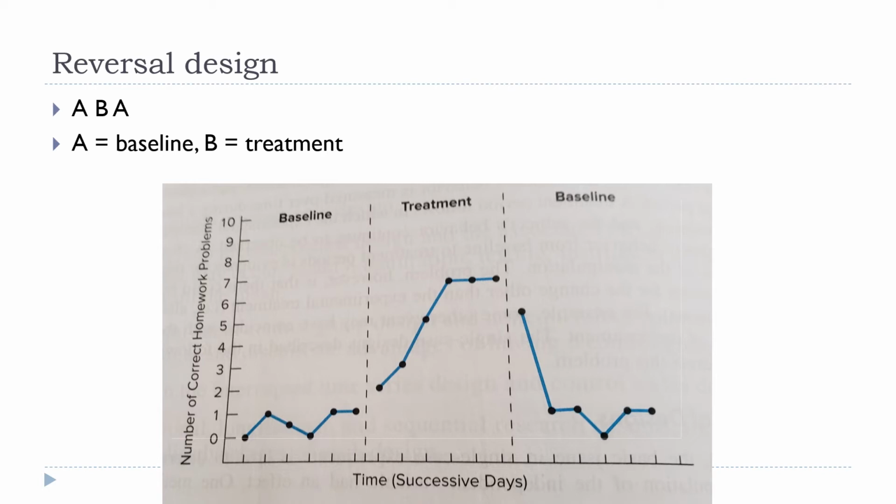And then once that particular intervention is removed, the number of correct homework problems shoots back down again to the baseline level. This would suggest fairly compellingly that the treatment did make a difference, that the behavior is different with the treatment than it is under the baseline conditions.